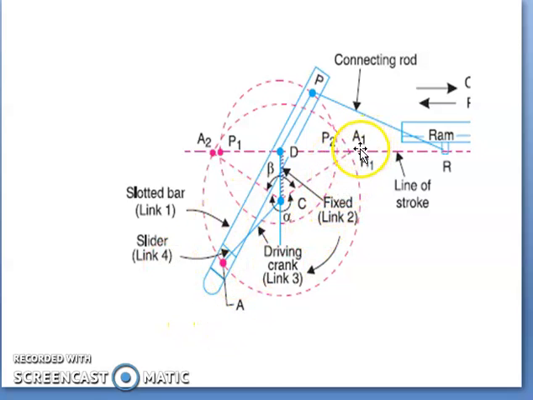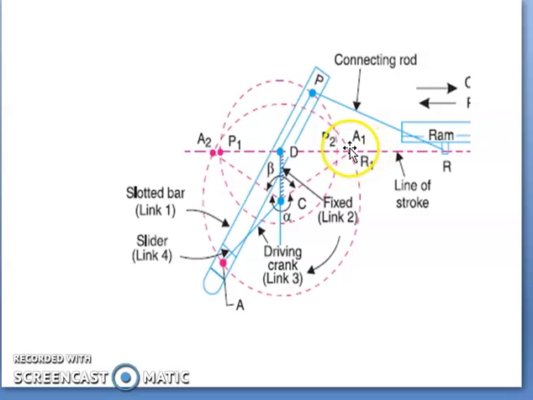So when it is at this position A1, the corresponding position is P1 for the rear end. When it is reaching the position A2, this will reach the position P2.